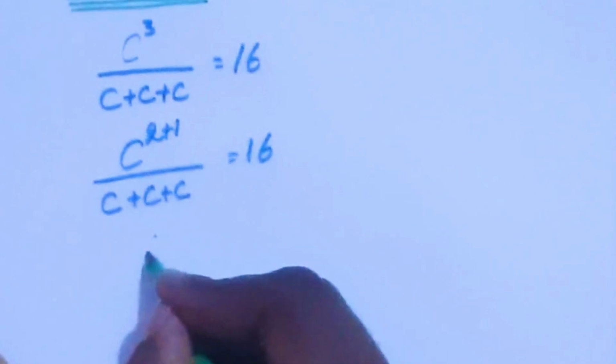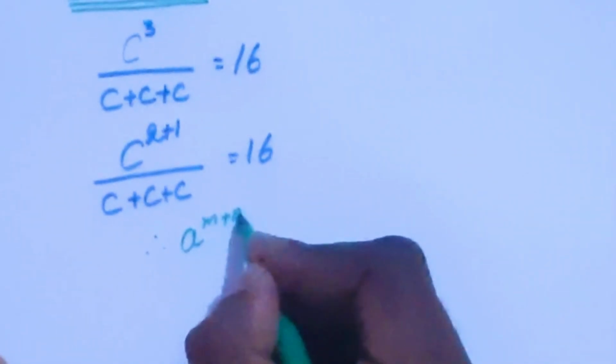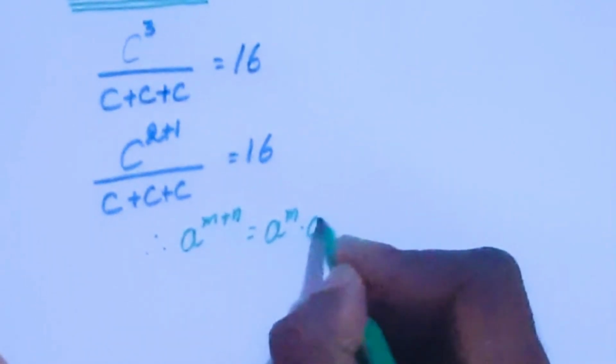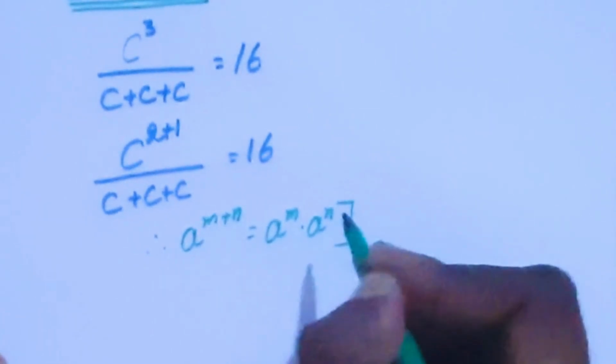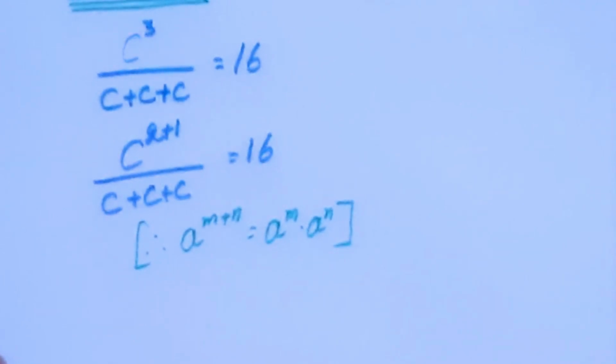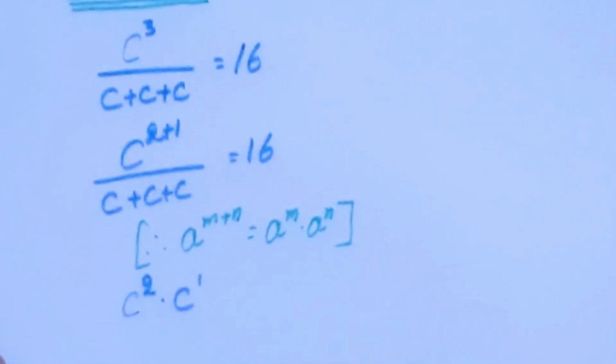Now we know this exponent identity that a power m plus n equals a power m times a power n. This identity we are going to apply here. So we'll get C power 2 times C power 1.